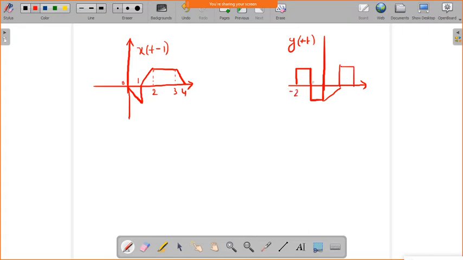So this is your y of t, right? That is 1 and 2.